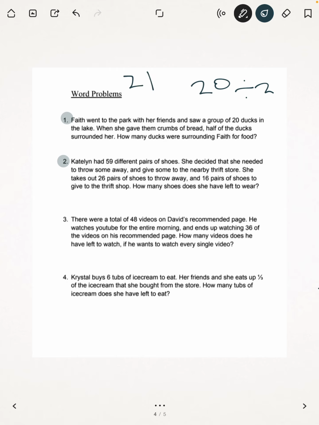So, it's going to be 2 divided by 20. We see if 2 could go into 2, which it does. It goes into 2 one time, so we put a 1 on top of it. 2 times 1 equals 2. We subtract it. Then we bring down 0. 2 can't go into 0, so it's 0. So there was 10 ducks surrounding her.